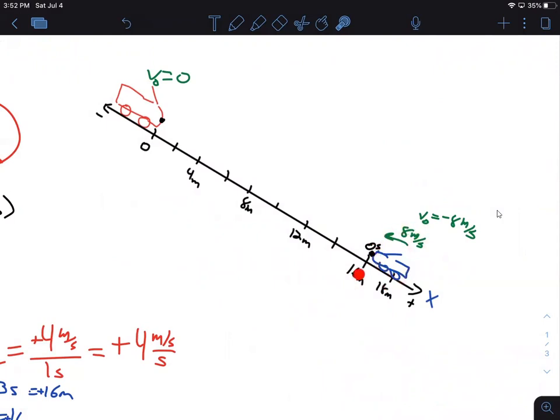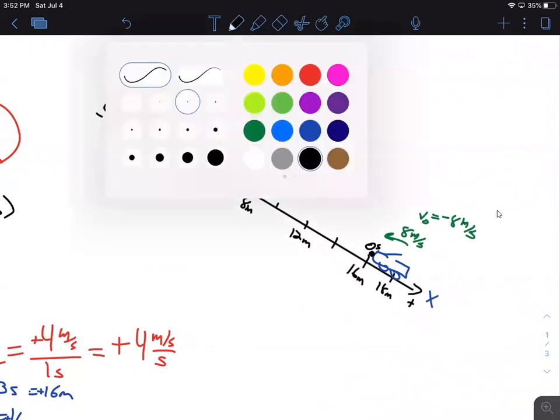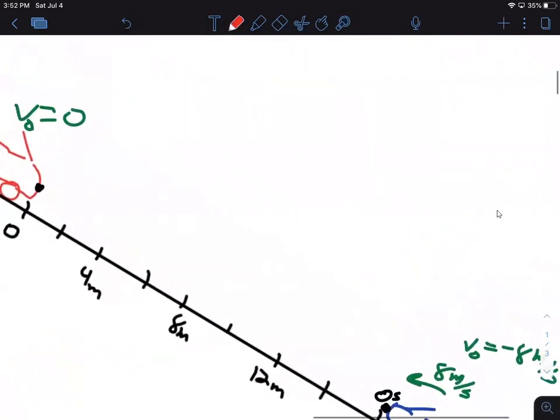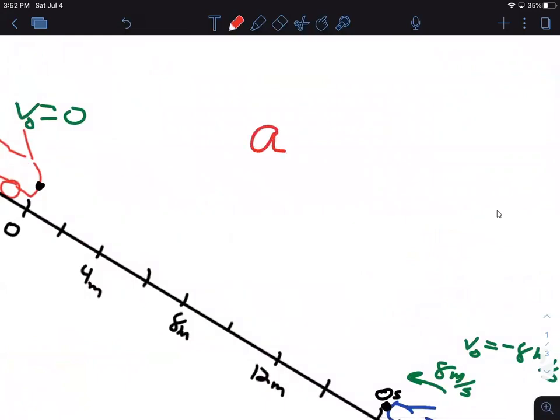It's at 16 meters at 0 seconds, and it's moving at 8 meters per second in the negative direction, in that case being up the ramp. One thing to note is that we found this acceleration of positive 4 meters per second, so positive meaning down the ramp.